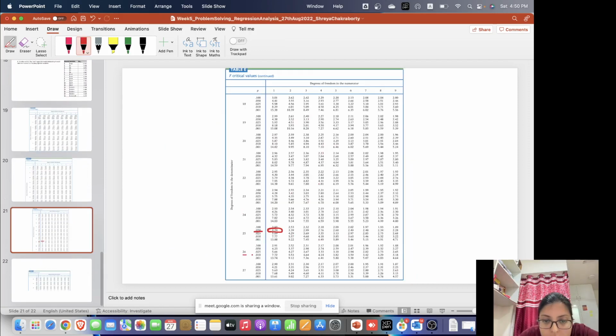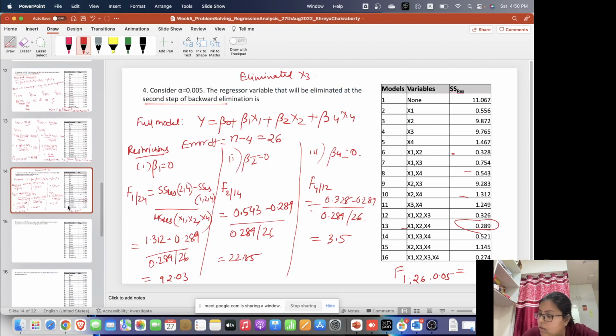Here for 26, 0.05, it is 4.23. Now you see this one is greater than 4.23, this one is also greater than 4.23, but this one is not. This is less. So in the second step we would eliminate x4, since F4 given 1, 2 is less than this threshold.